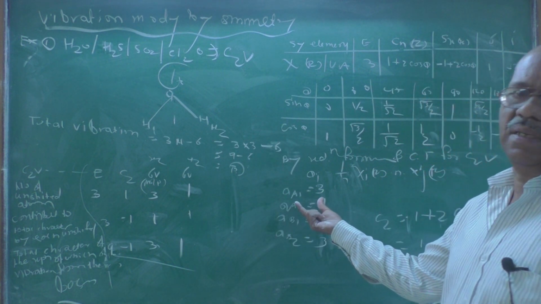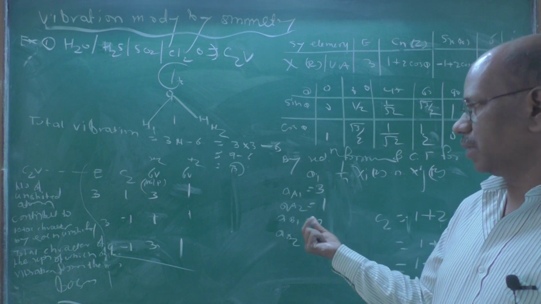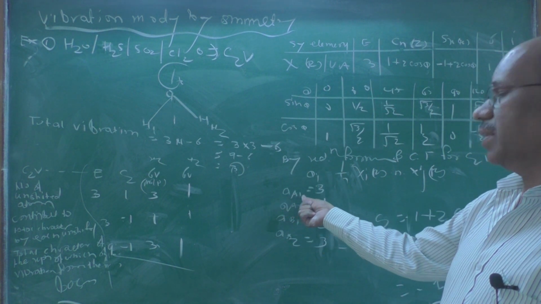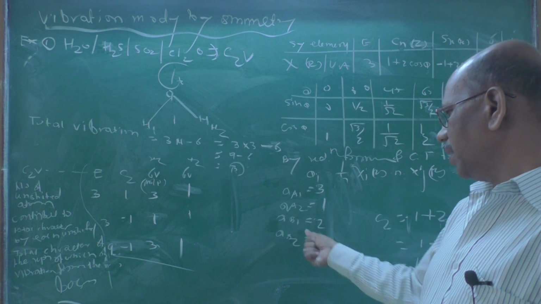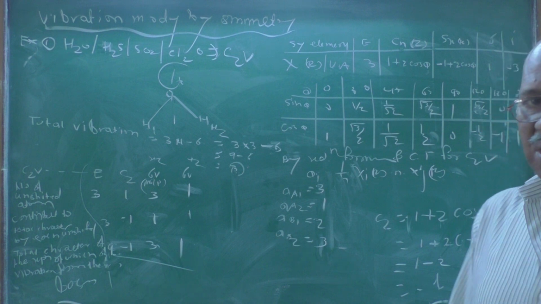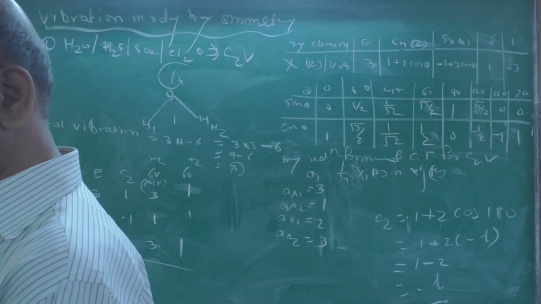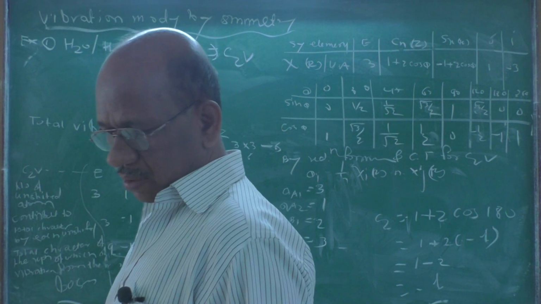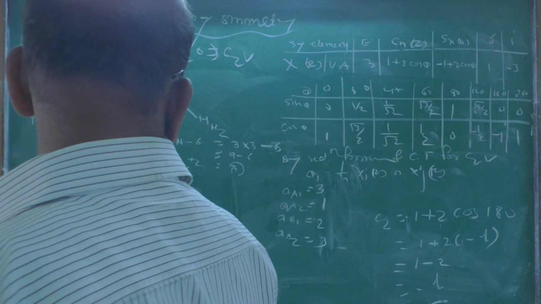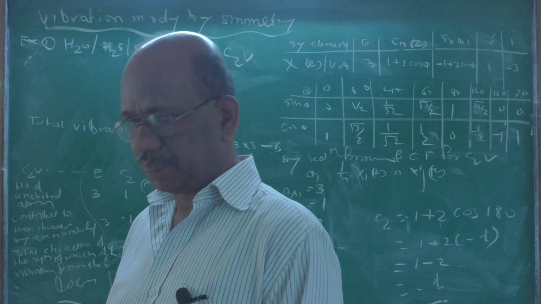So these are the values for the irreducible contribution. A1 is 3 times, A2 is 1 time, B1 is 2 times, and B2 is 3 times. So by using the reduction formula, you solve it, and we get these particular values: 3, 1, 2, and again 3.